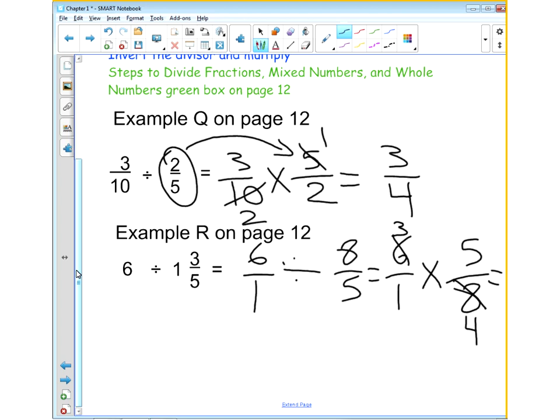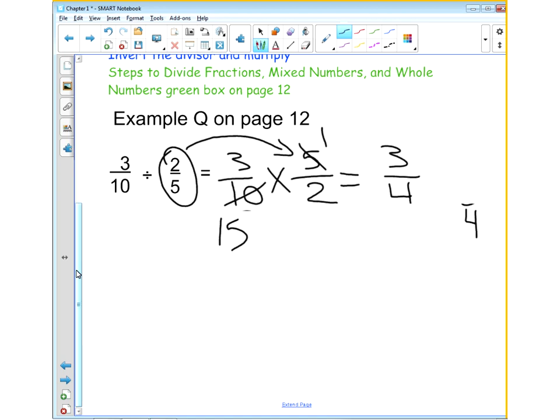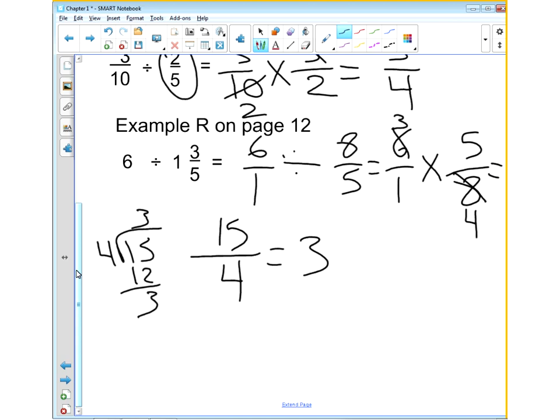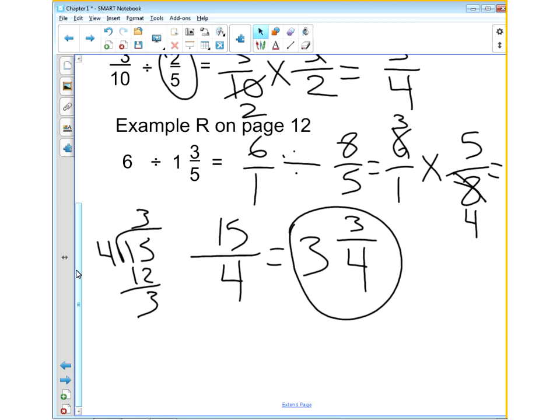So 3 times 5 is 15. And 1 times 4 is 4. And when I divide 15 by 4, I get 3, and then a remainder of 3. And I keep the same denominator. So 6 divided by 1 3/5 is 3 3/4.